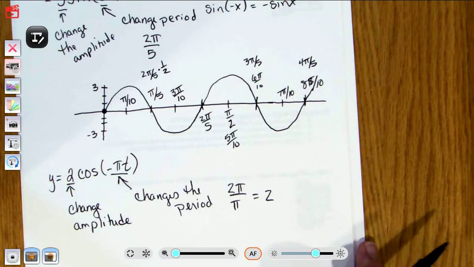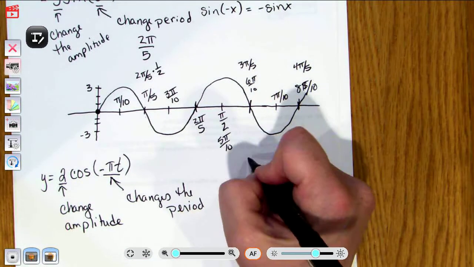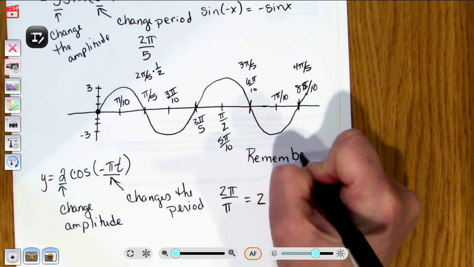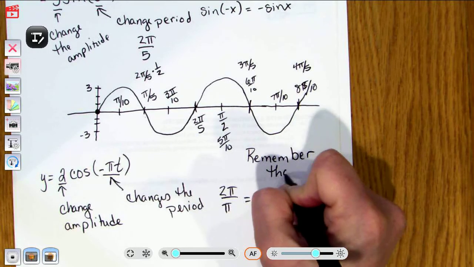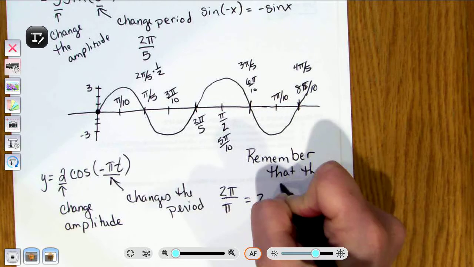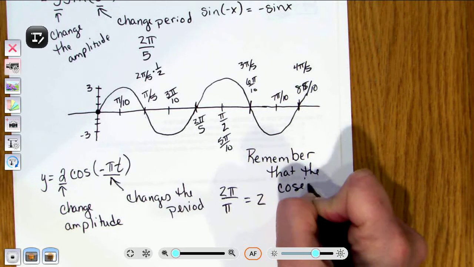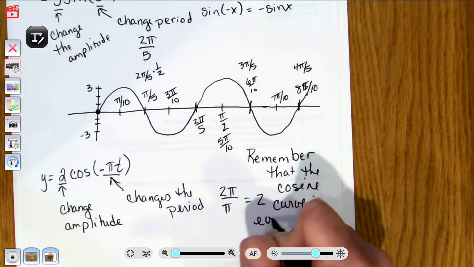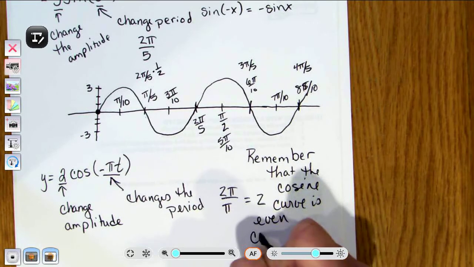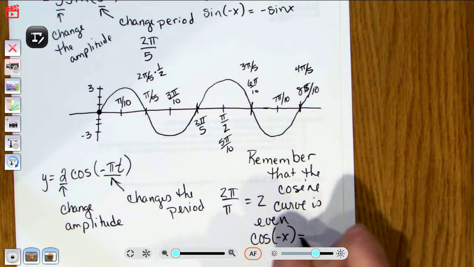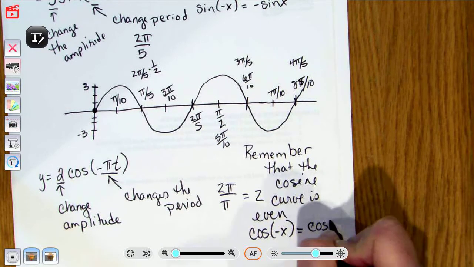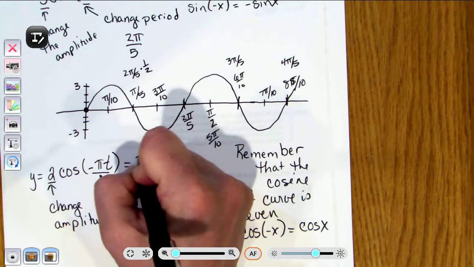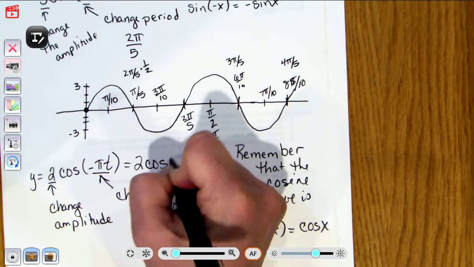The negative is going to be taken care of because we're going to remember or recall that the cosine curve, should have done this first, is even, which means the cosine of a negative is equal to the cosine of the same. So they're going to be the same value. So I'm actually going to be drawing 2 cosine pi t.